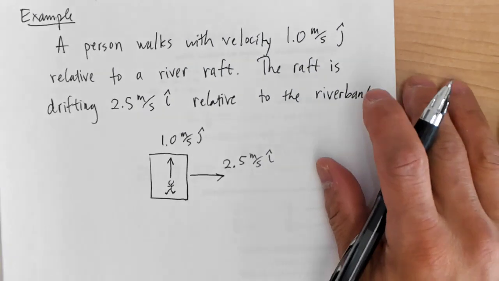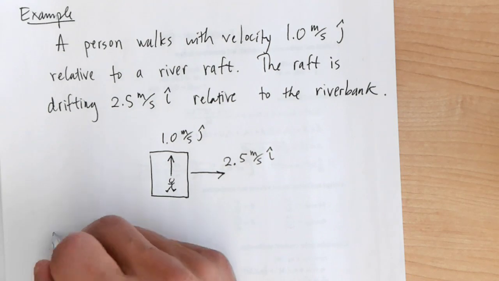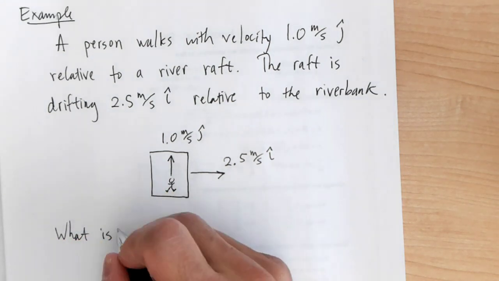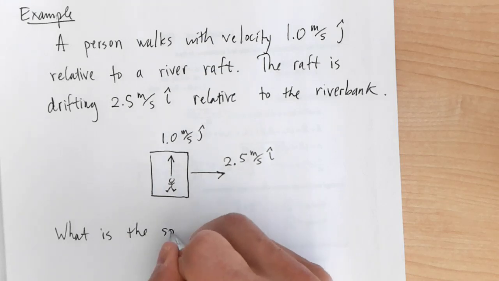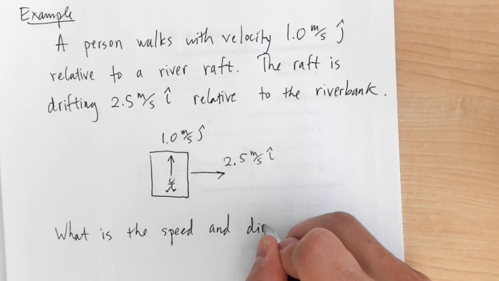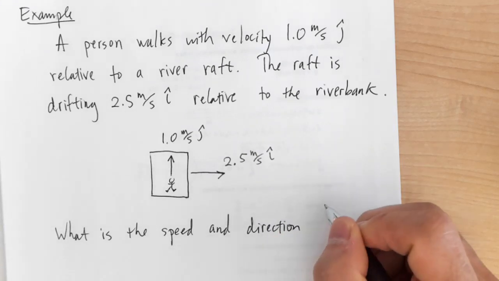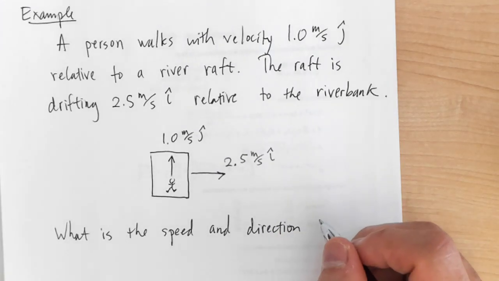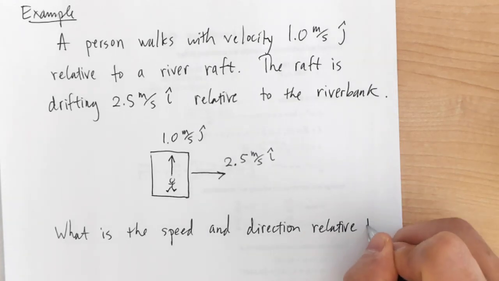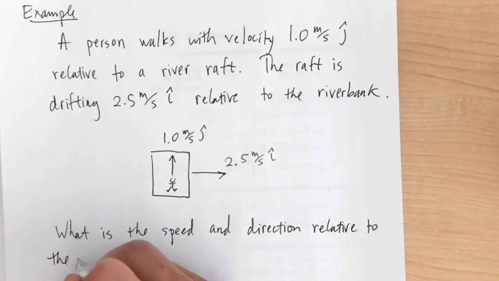So the question is, what is the speed and direction, or the angle, relative to the riverbank?